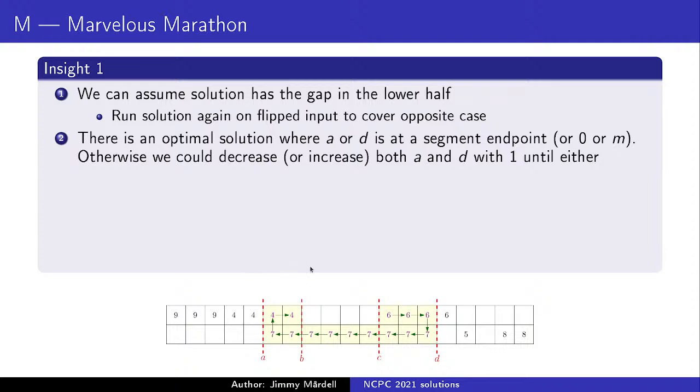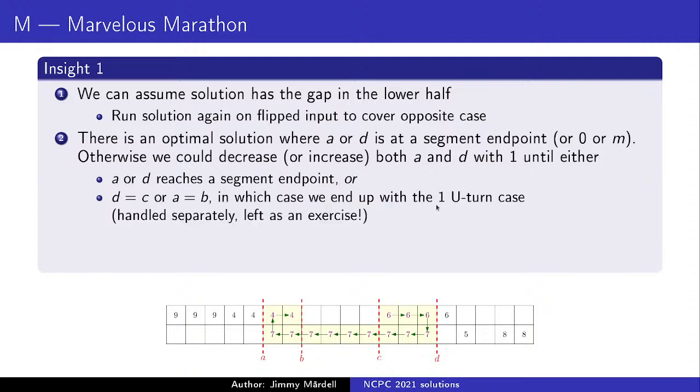And this would keep increasing or keep decreasing the total score until either A or D reaches a segment endpoint, or D collides with C or A collides with B. But when that happens, we have basically gotten down to the one U-turn case, which we already handled separately, and we imagine we have already solved that.